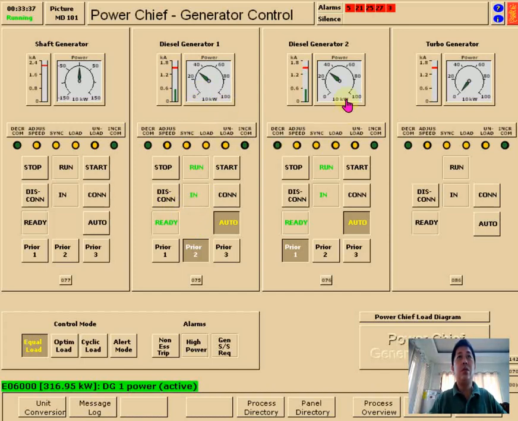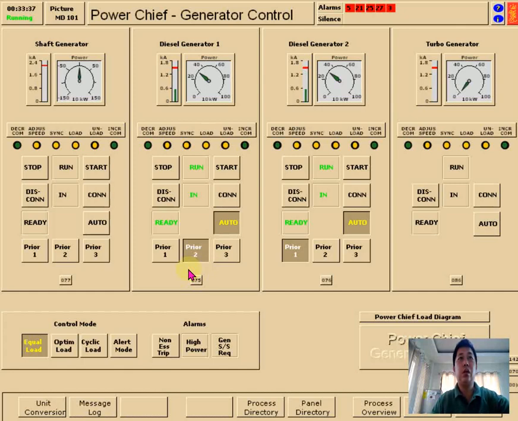And if there is an increase of load, because you set both generators in automatic, and this DG2 cannot take it, there is a lot of load already, the DG1 will automatically start.